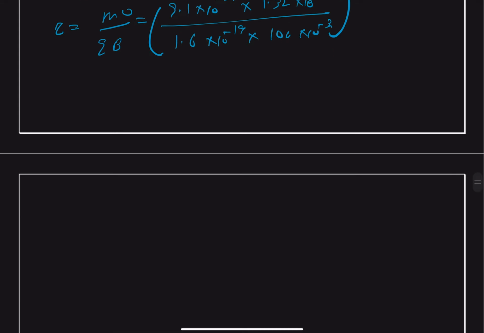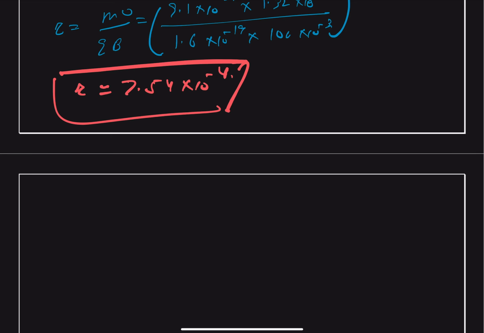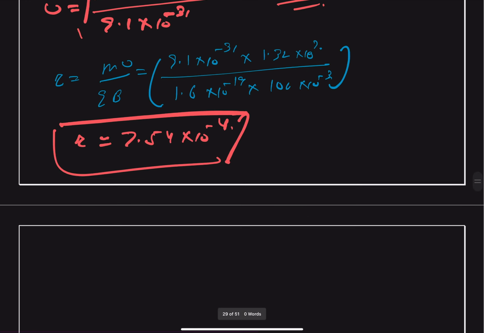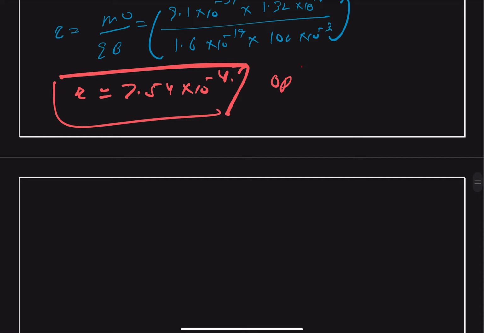So this gives us that the radius is approximately equal to 7.54 into 10 to the power minus 4. Option number B is correct.